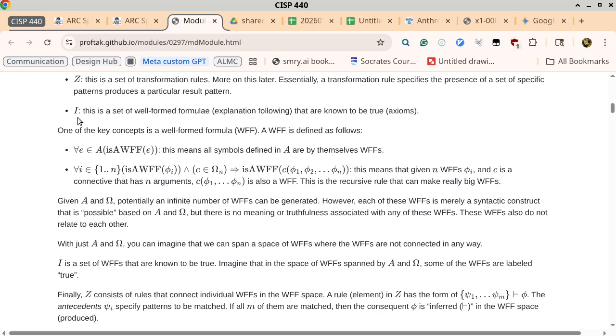Okay. So now we have to take a look at this particular production or transformation rule and say, what does that mean? What that means in this case is easy. This particular set is giving you constraints. In this case, the constraint is just like, okay, give me a well-formed formula that is true.